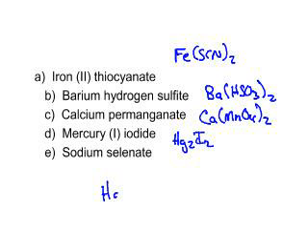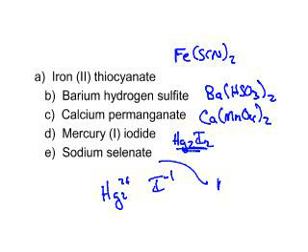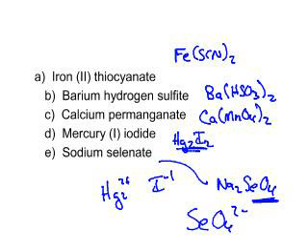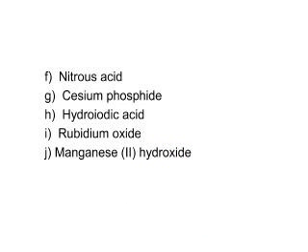Hg2I2. Remember, mercury 1 is Hg2 2 positive, and iodide is -1, and so you'll need 2 of these, so that's the tricky one, isn't it? Sodium selenate. Now, selenate's a weird one. Selenate is SeO4 2-, so this is Na2SeO4.